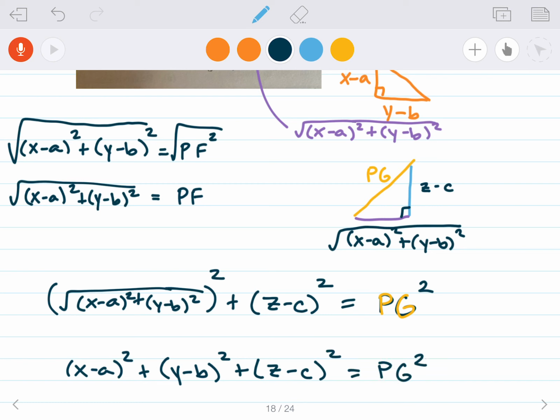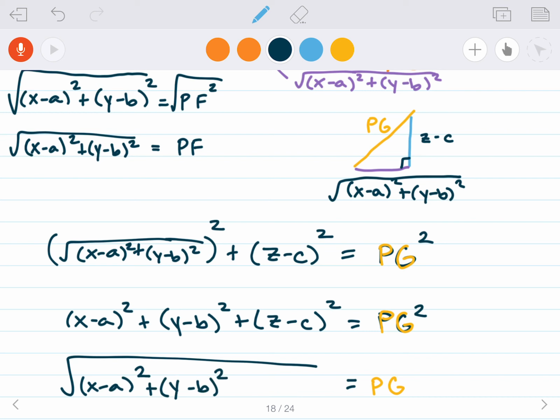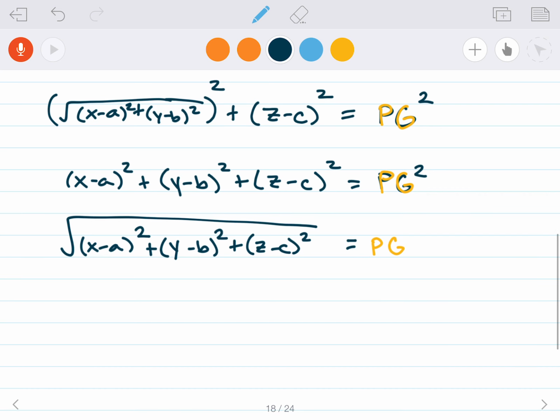And finally, to get PG by itself, remember that was the whole goal, that's the distance between 2 points, I'm going to take the square root of both sides. So I have PG isolated. PG is equal to the square root of (x minus a) squared plus (y minus b) squared plus (z minus c) squared. So this is our distance formula in 3 dimensions.